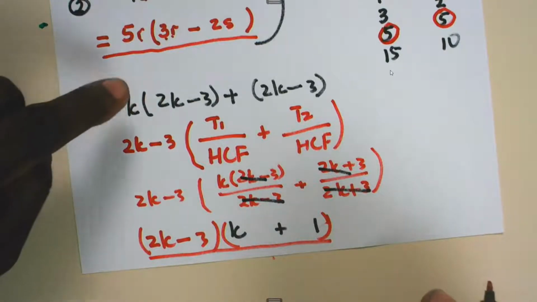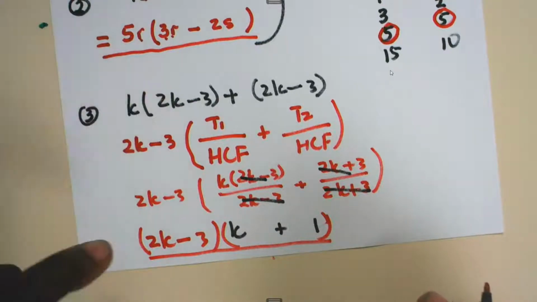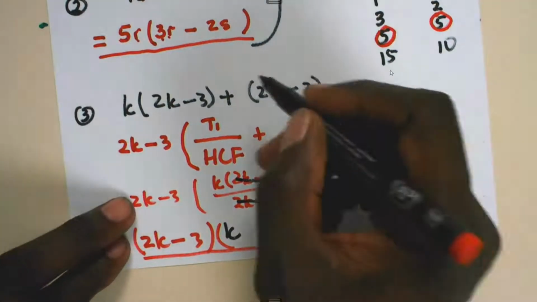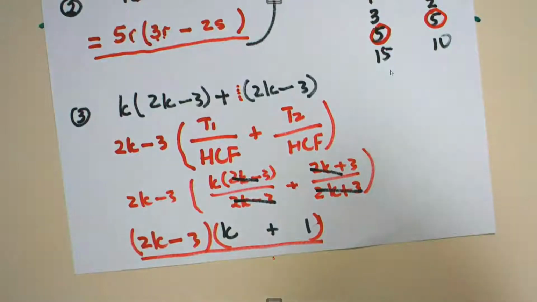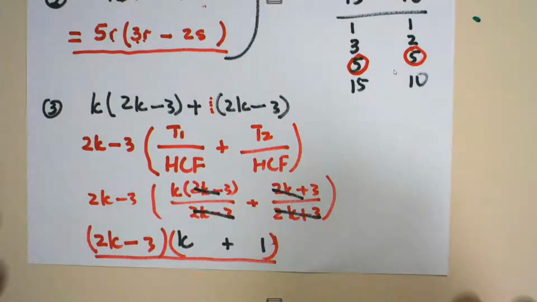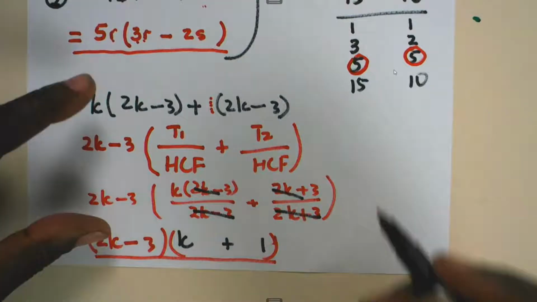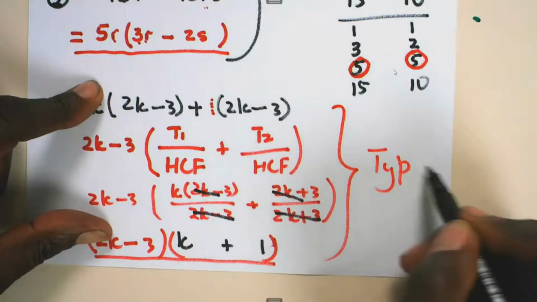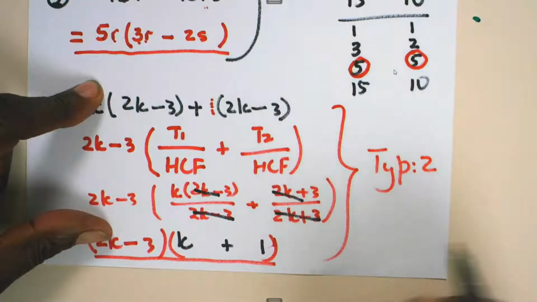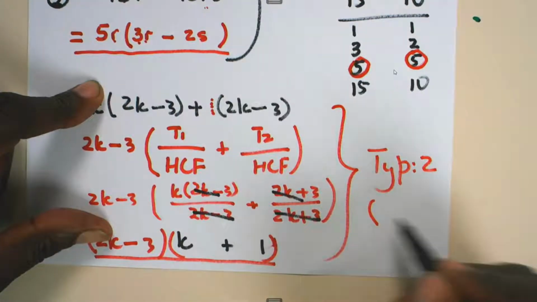Remember here there is an invisible 1 that is not written. We just leave it as it is. This is our type 2. Type 2 does have what? A bracket.